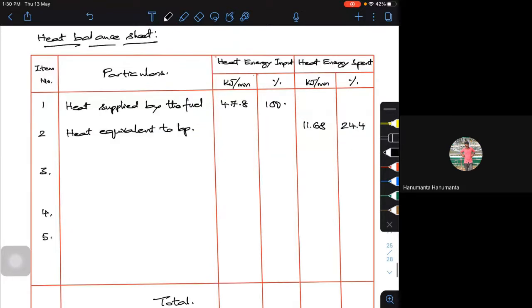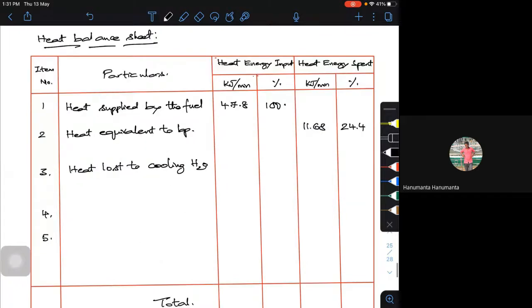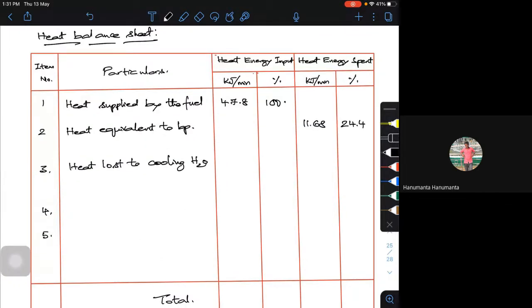Then heat loss to cooling water. How much is it? 11.7 kilowatts. If I write 11.68 or 11.78, it's almost the same. This also will come to around 24.48 or something, so 24.5, with a 0.1% difference.